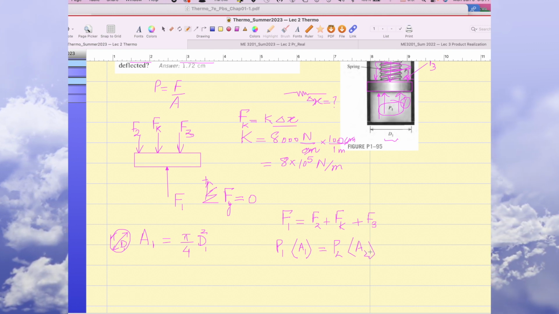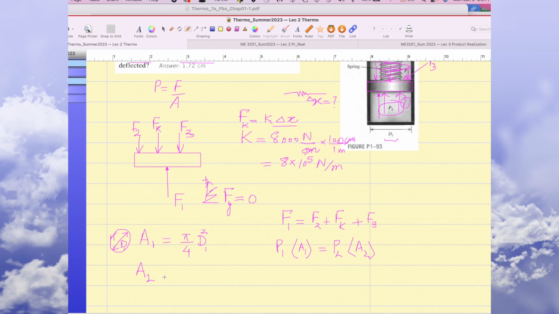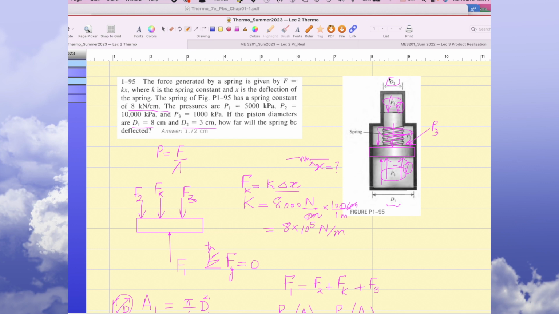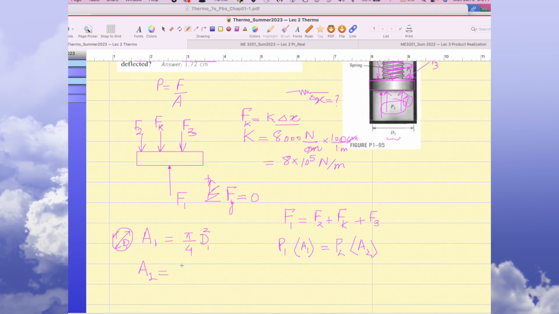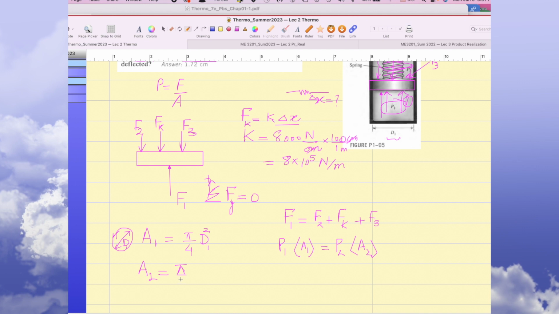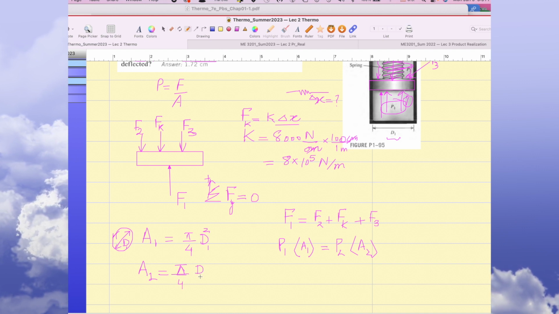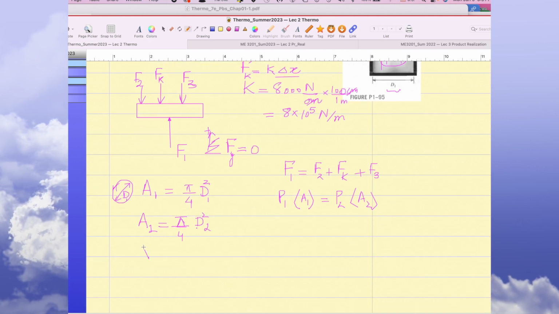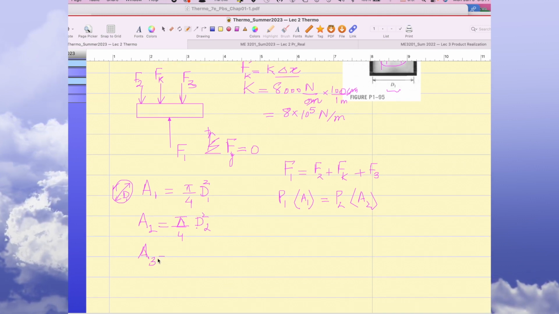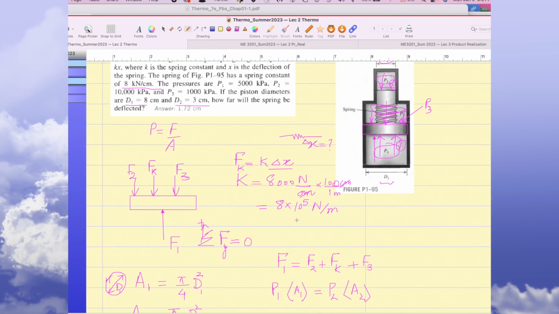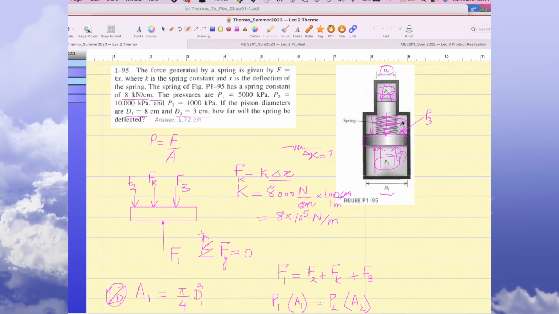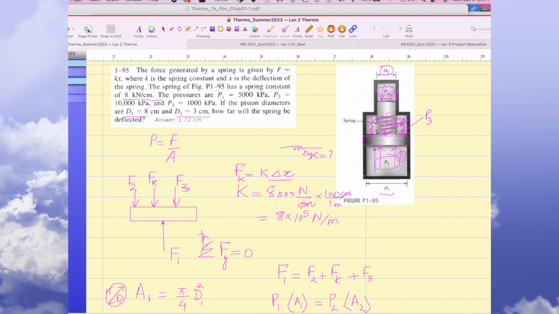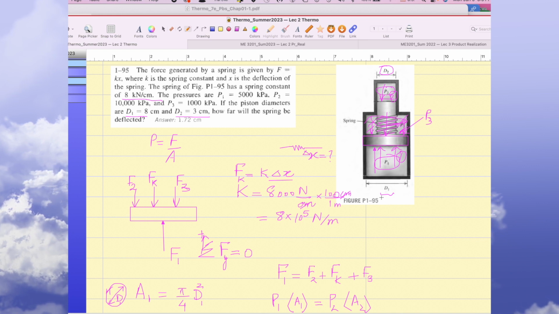And what is the cross-section area at location 2? This is location 2, and we need the diameter of the top portion, the top pocket. So pi by 4 D2 square. Okay. And for area 3, if you take a look, cross-sectional area 3 is this much of the pocket, so you have to subtract D2 square from D1 square.